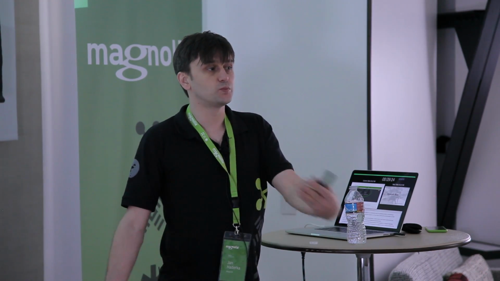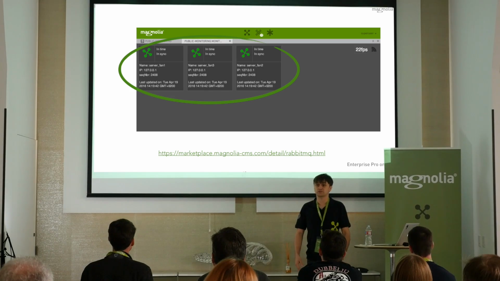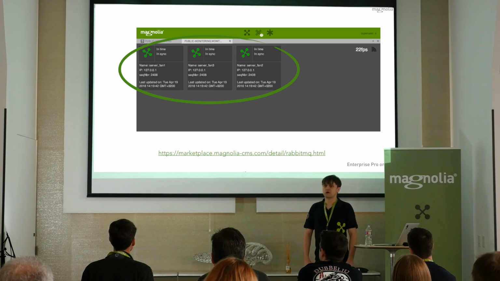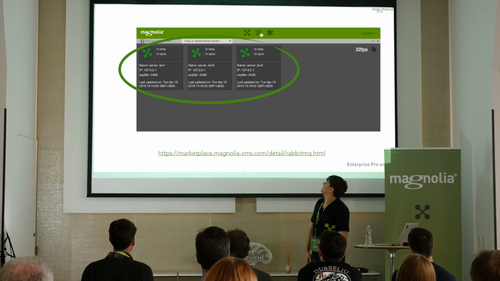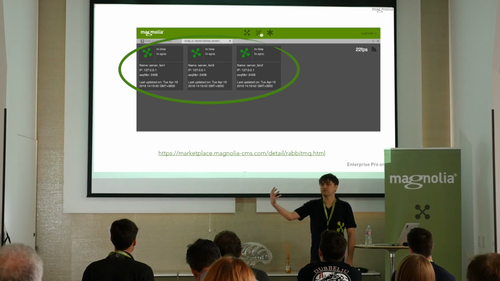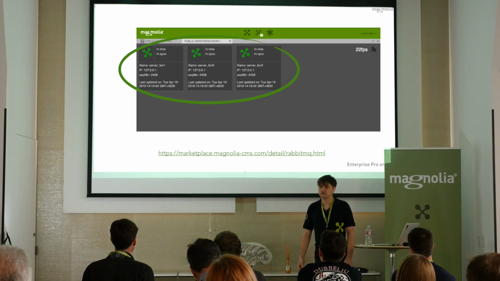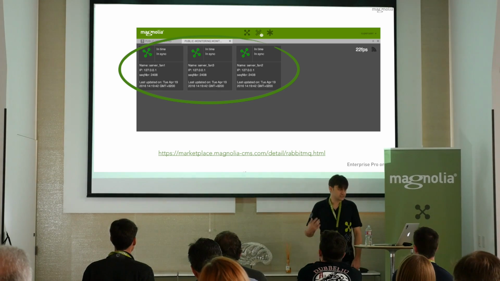You can use this to push the content to that instance. You have a QA environment which you want to update just once a week with every content. You can use this to push those updates there. You can also use it for the public instances, as shown here. If you do use it for public instances, you also need a load balancer which is able to talk to the messaging and knows which instance is up to date with the latest content and which should be taken out and ignored. But it's there.